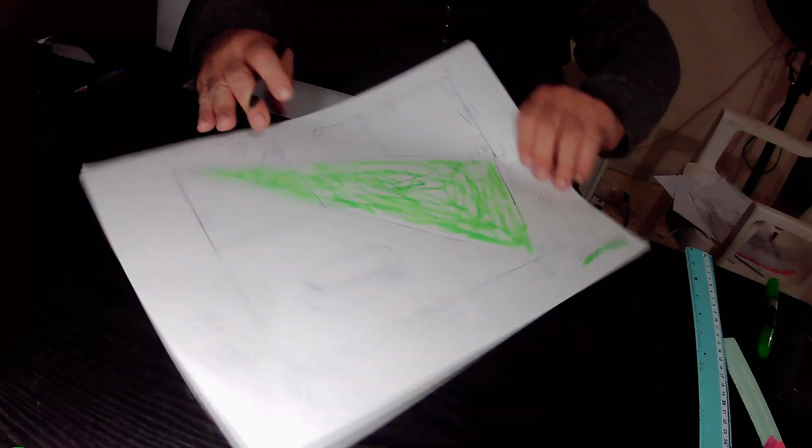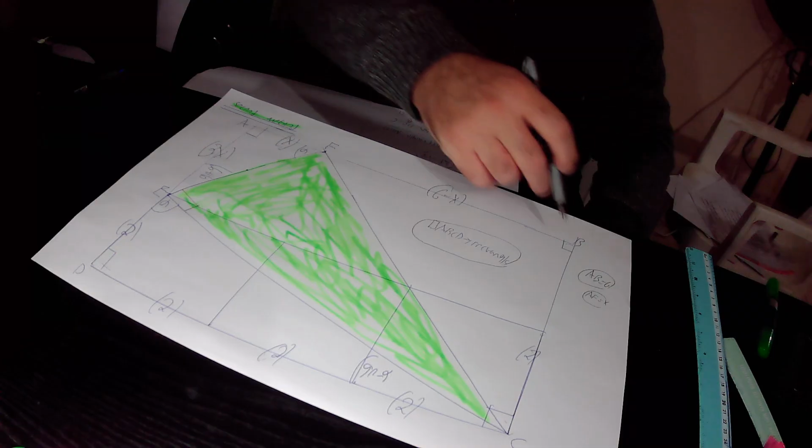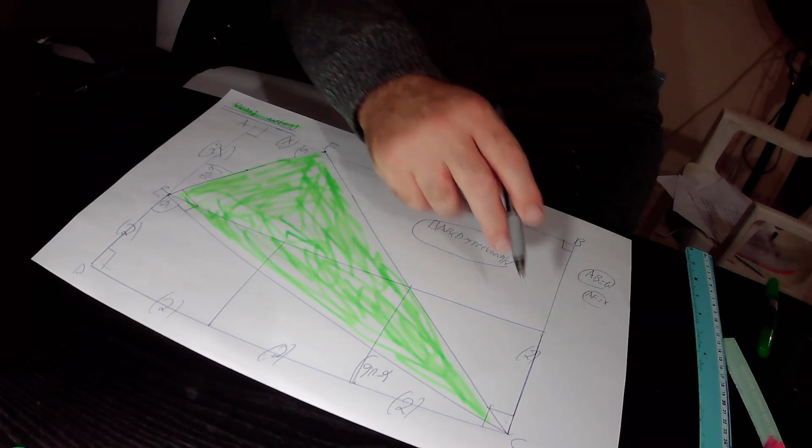According to the same rule that the opposite sides of a rectangle are equal to each other, in the big rectangle ABCD, side AD must be equal to the opposite side BC.